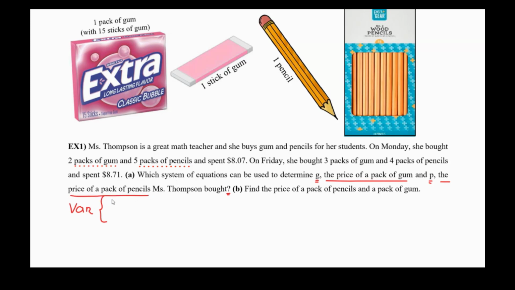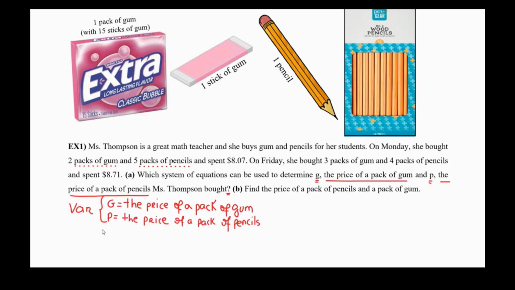So right here, we're going to write the letters G, which represents the price of a pack of gum, and P, the price of a pack of pencils.